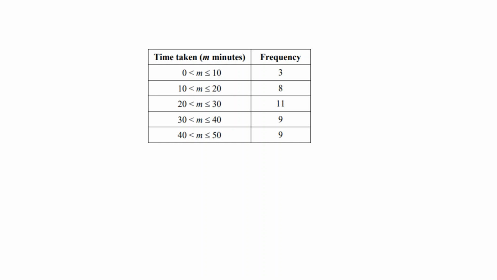If we have grouped values, so here, do you see it goes between 0 and 10? We have to work out the middle value of that point. The middle value of this point, the midpoint, is 5, 15, 25, 35, and 45. And then we can do what we just did before.